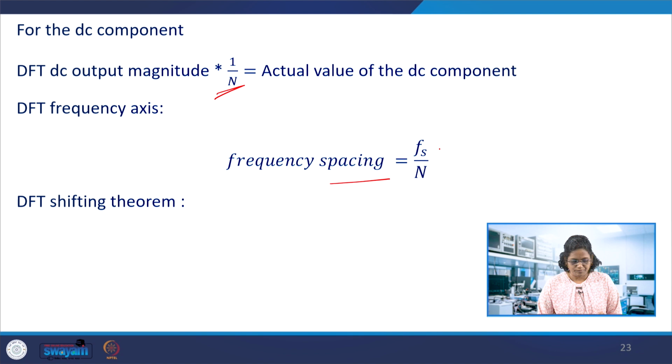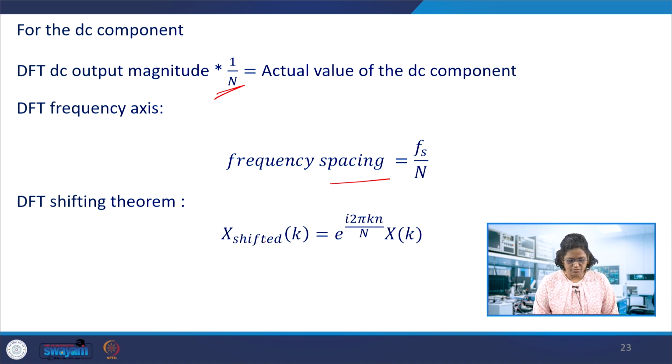DFT. And the DFT shifting theorem says that the shifted signal's DFT can be obtained from the DFT of the signal which is not shifted. Suppose we found X of k.